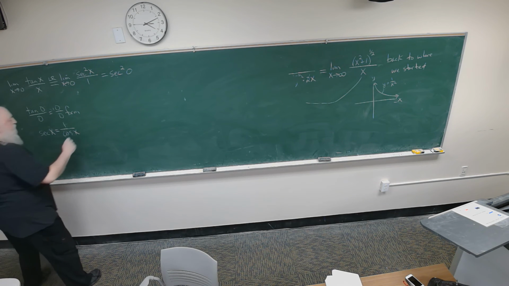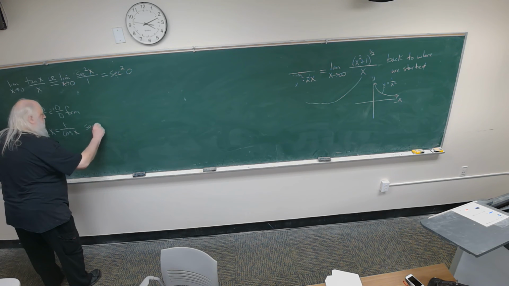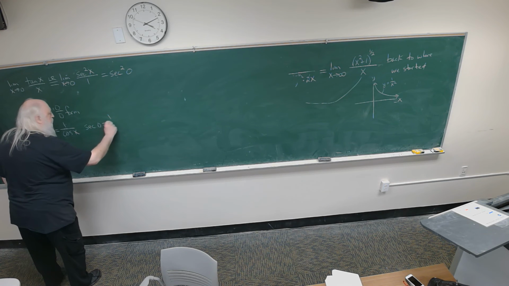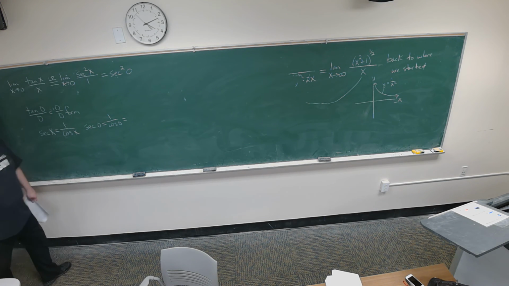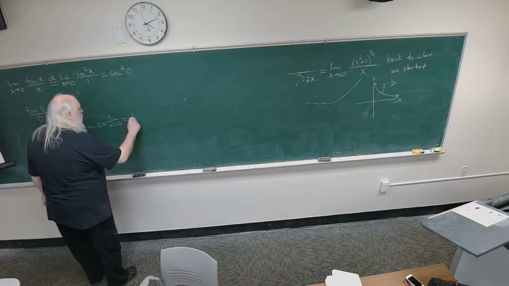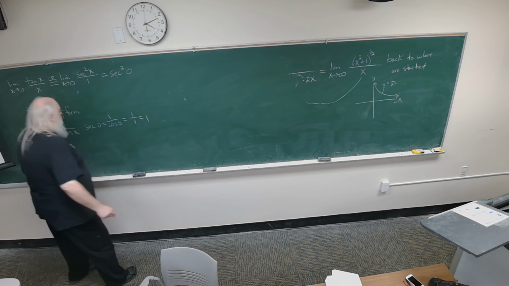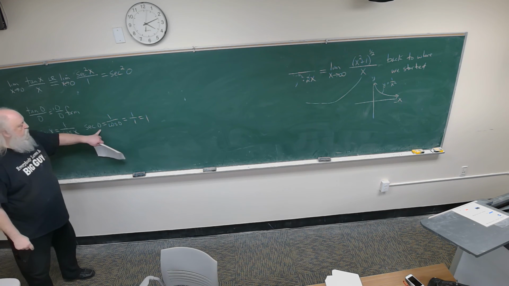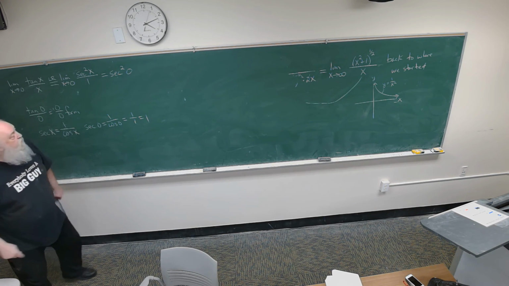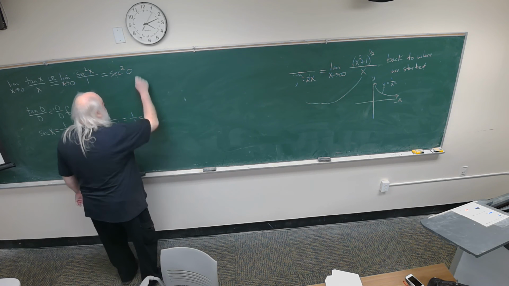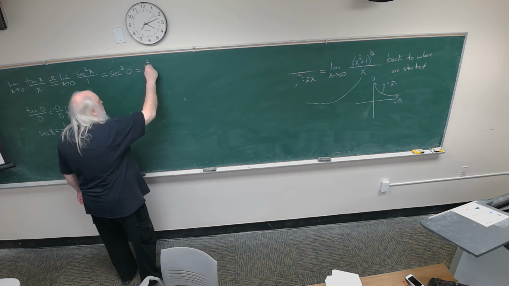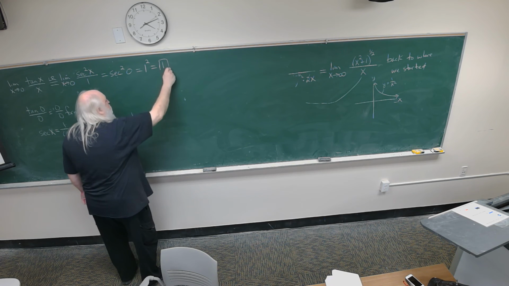Secant 0 is equal to 1 over cosine 0. And what's cosine 0 equal to again? 1. So this is 1 over 1, which is 1. So secant 0 is equal to 1. So secant 0 squared is equal to 1 squared, which is 1.